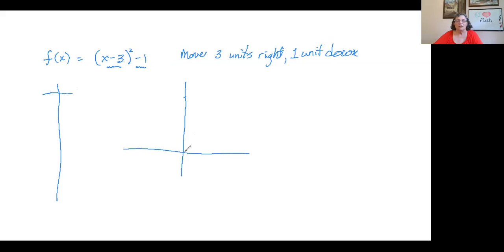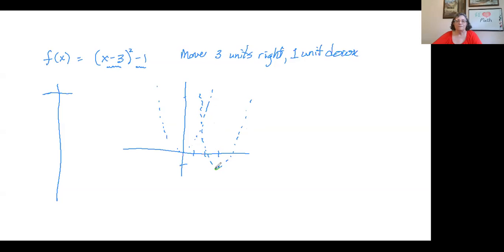But since this graph gets moved 3 units to the right and 1 unit down, it's going to end up over here with every single point, including the vertex, getting moved 3 units to the right, 1 unit down.